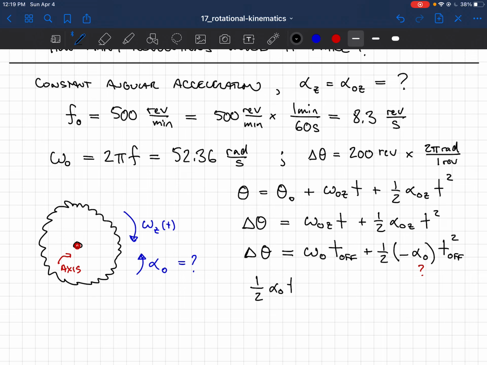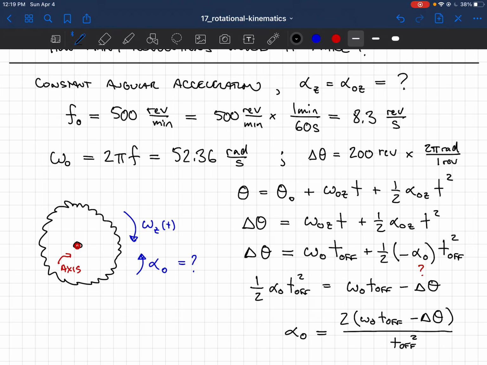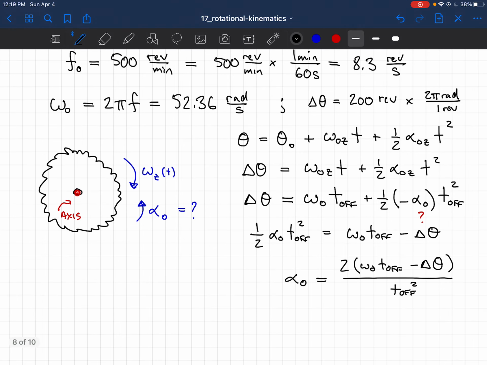We have 1/2 alpha naught t off squared is equal to omega naught t off minus delta theta, which tells me that 2 times (omega naught t off minus delta theta) divided by t off squared is equal to alpha naught.